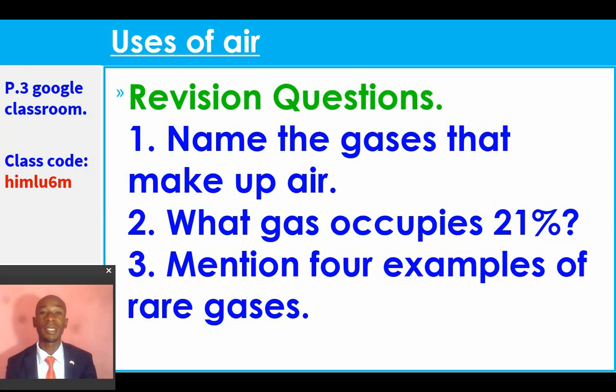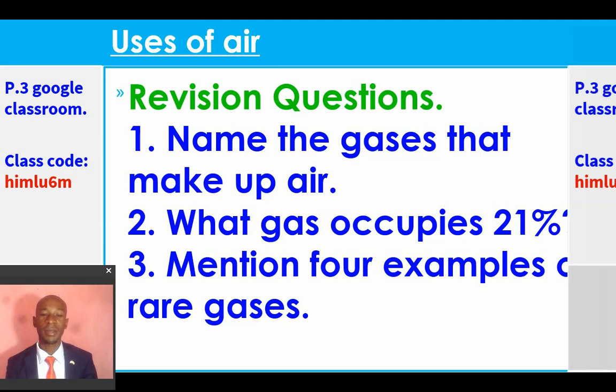Actually, we can write 5 of them. 1, we have krypton. 2, xenon. 3, argon. 4, neon. 5, we can have helium. Alright, there we are. I hope you've got everything correct.